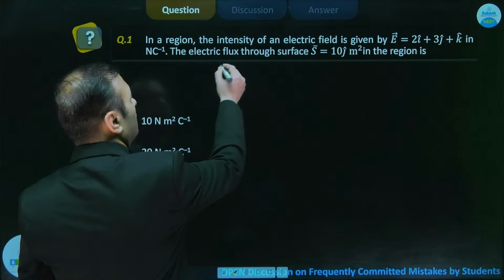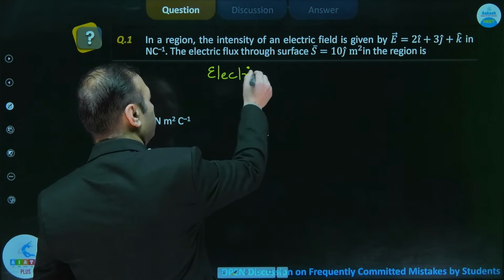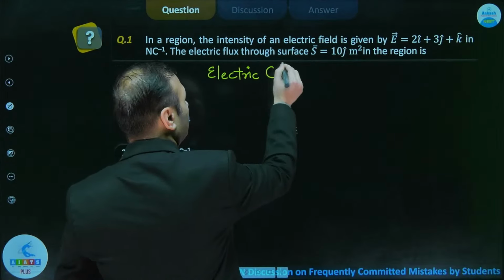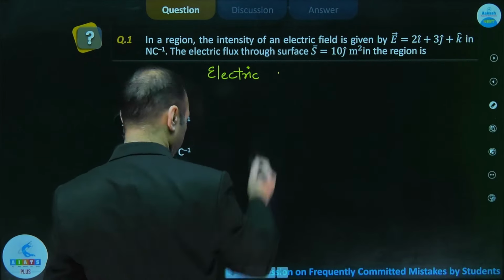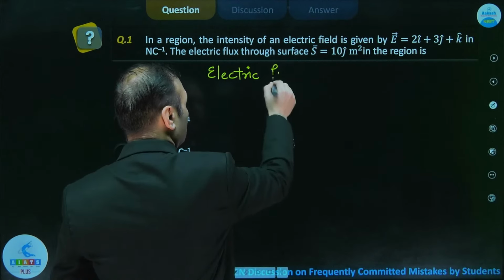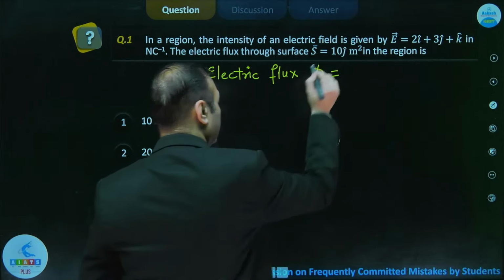Now first, before you attempt this, let's build up some basics of this. So electric flux, that is written as phi.